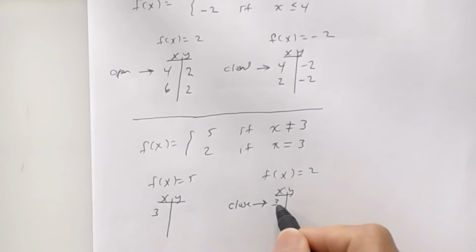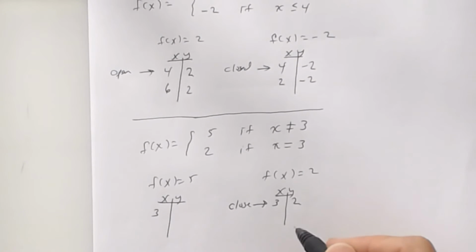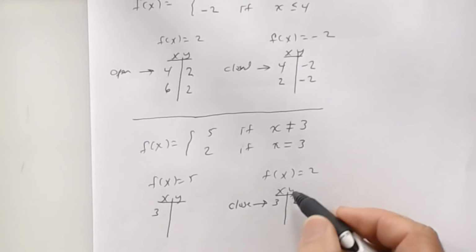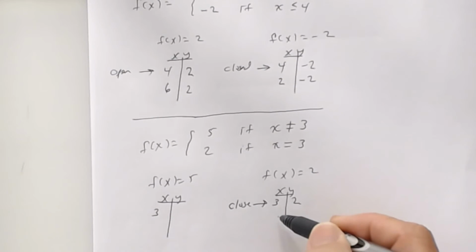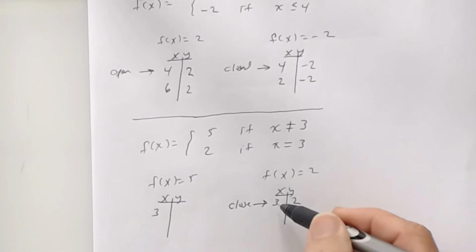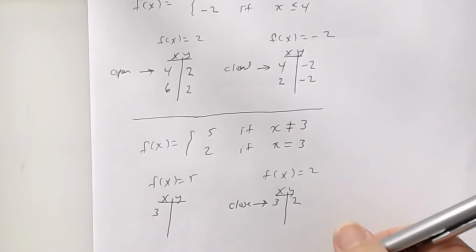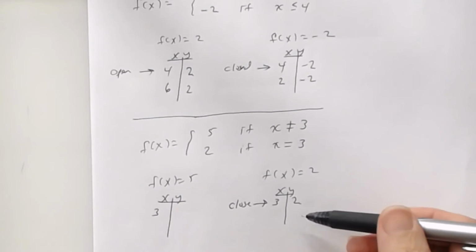Now I want to ask you this. If x equals 3, what's my y value? 2. Now I'm going to ask you this also. For this bottom function, what's the only x value I can use? 3. I can't use any other x value like I did the others. So when x is 3, what's my y value? 2.